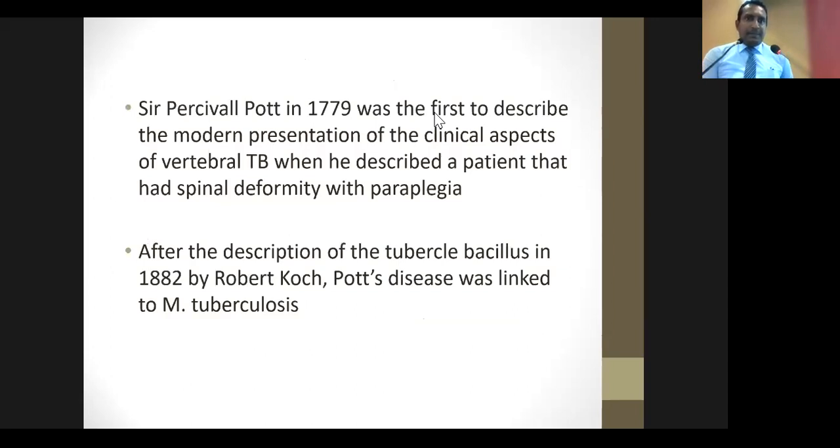It was Sir Percivall Pott who described the pathophysiology of an infection occurring in vertebral TB, leading to its destruction, causing neurological complications like paraplegia. But it was in 1882 when Robert Koch found the tubercle bacillus that the real link was made between Pott's disease and the organism.